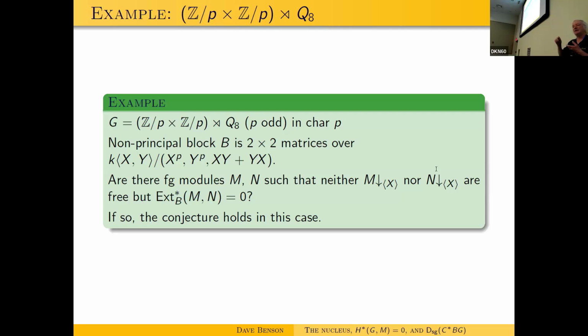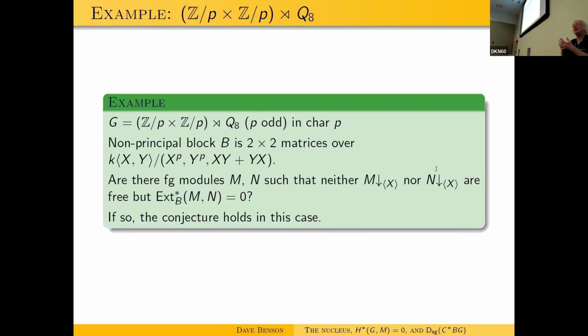And let's make a quaternion group of order 8 act on that in such a way that the center of order 2 acts trivially. So it's really a 4-group acting. So you just want to dihedralize each cyclic p. So the quotient by a central element of order 2 is really a product of two dihedral groups of order 2p.